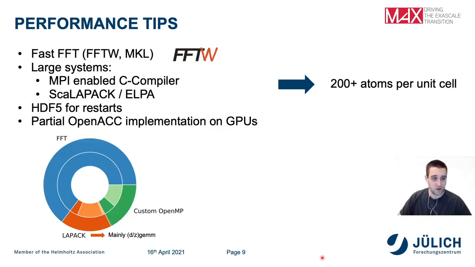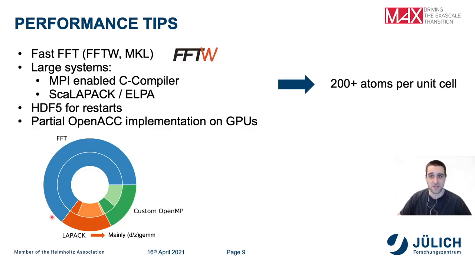A normal FLEUR run with LDA or GGA doesn't really depend on the speed of the fast Fourier transform, because we are not a plane wave code, we have very small interstitial regions and our FFTs are very fast. But in the hybrid code, more or less 60% of the time is spent in the fast Fourier transform.